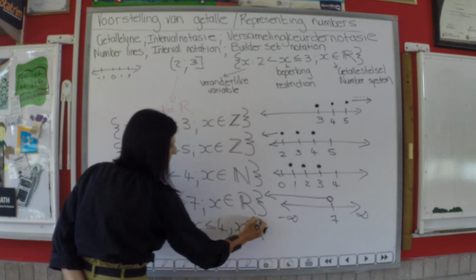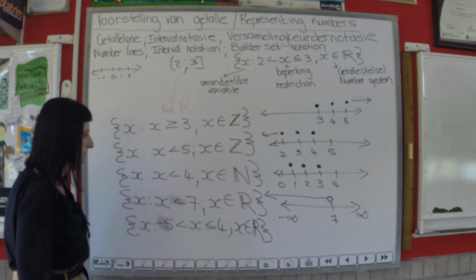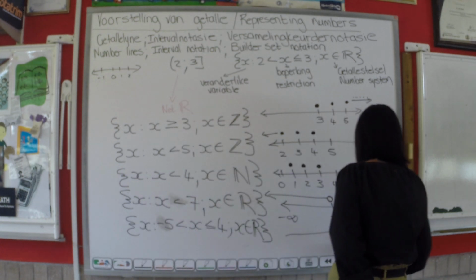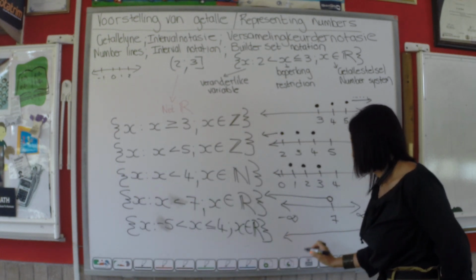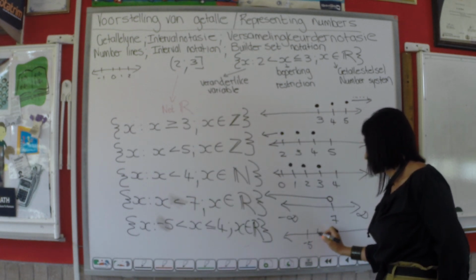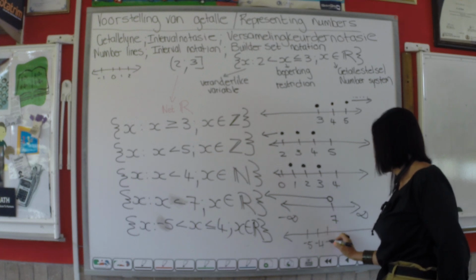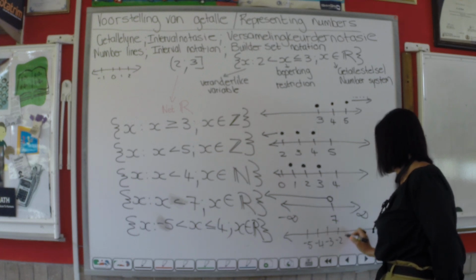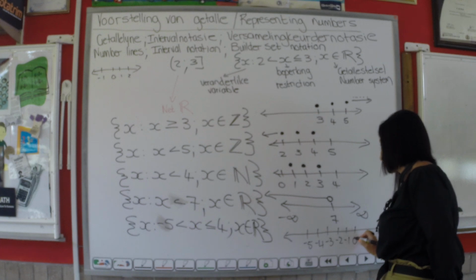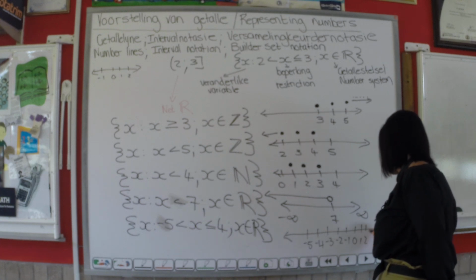So let's draw the picture. Okay, we've got our number line. We've got a -5, -4, -3, -2, -1, 0, 1, 2, 3 en 4.